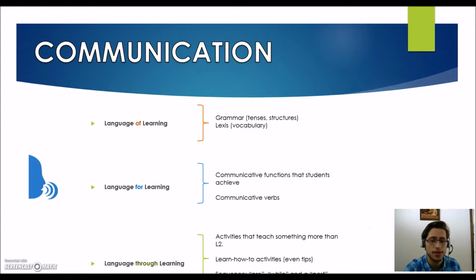Also, it's very important to mention that in language through learning, these activities have a sequence. They can be divided into pre, while, and post. Yes, so there is a whole sequence to follow, and it's very important not to forget about that. All of the micro skills, all of the little tips that we give to students to improve their listening, speaking, reading, or writing skills, they are also language through learning.